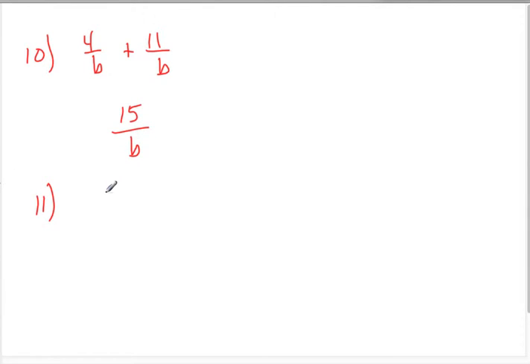Number 11. 3 over g minus 2 over g plus 1. Now here, we need a common denominator. So the factors are g and g plus 1.